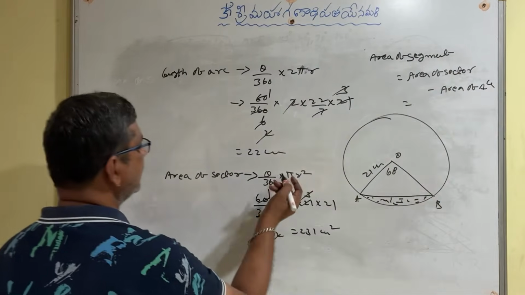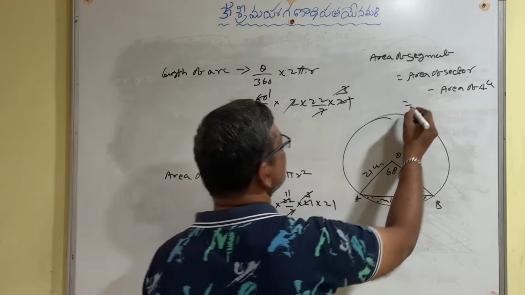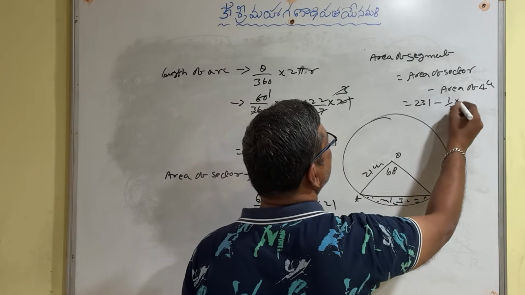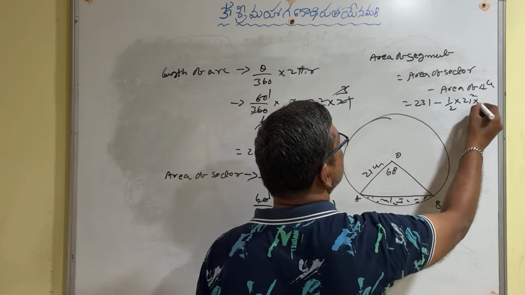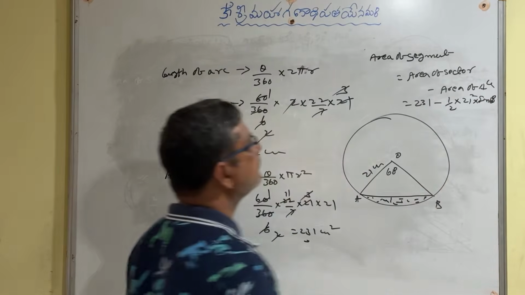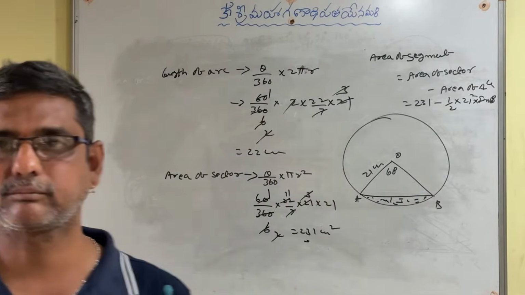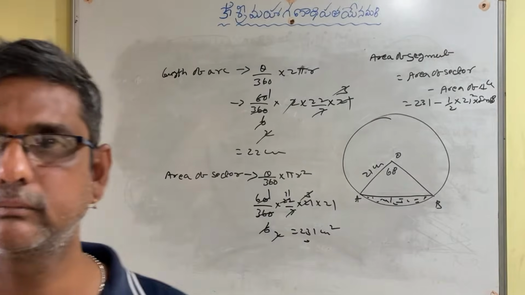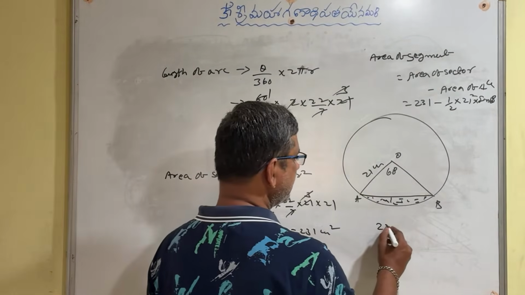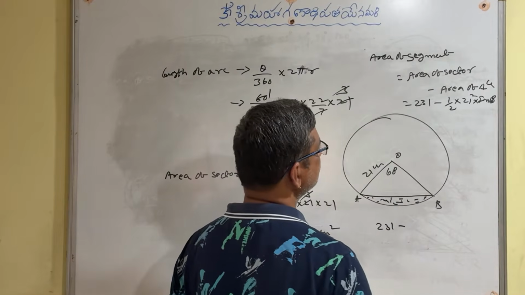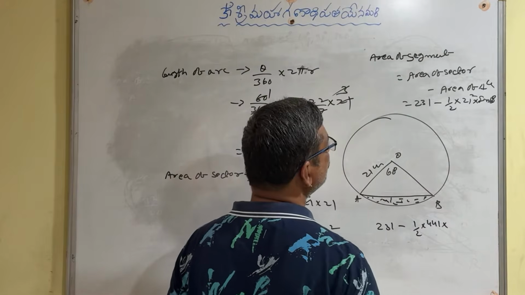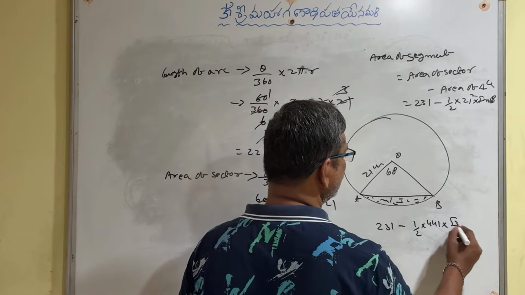The area of the sector we got already, 231, minus the area of the triangle, half r square sin 60. So 231 minus half, 441 into sin 60, which is root 3 by 2.